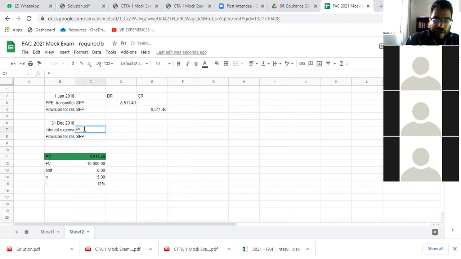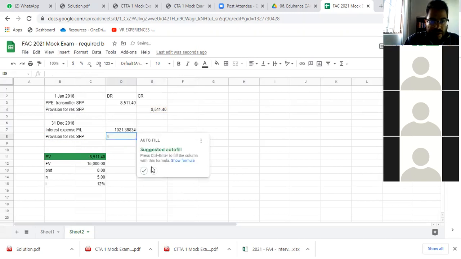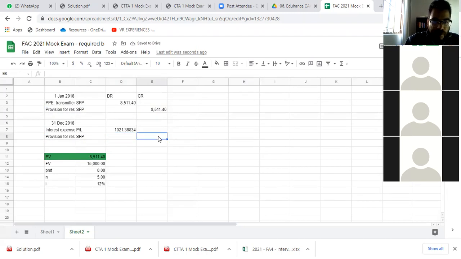This is P&L. So all we will do is say present value multiplied by the interest rate of 12%, and that is the answer over there. Okay, so it will equal.